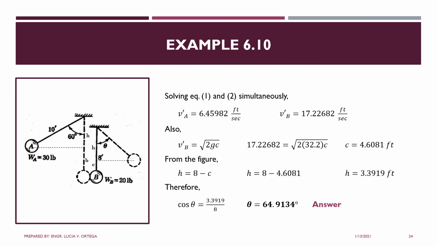Also, v_B' is the square root of 2gc. See this height. Substituting the equation, you can solve for c.